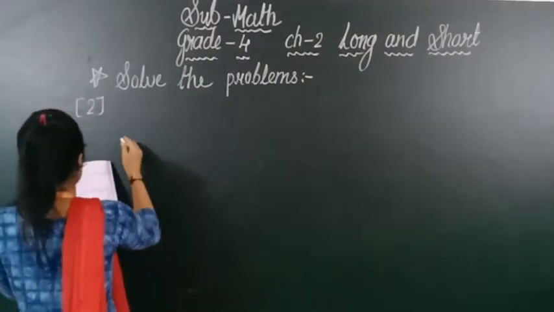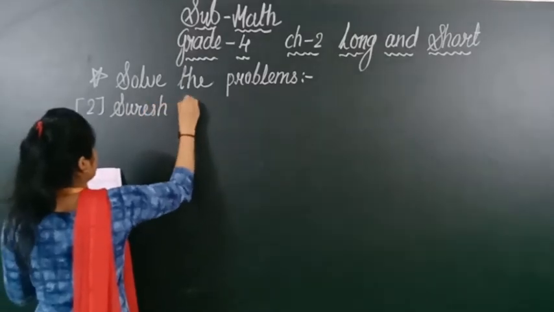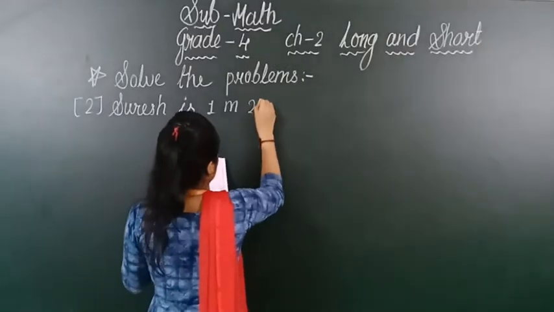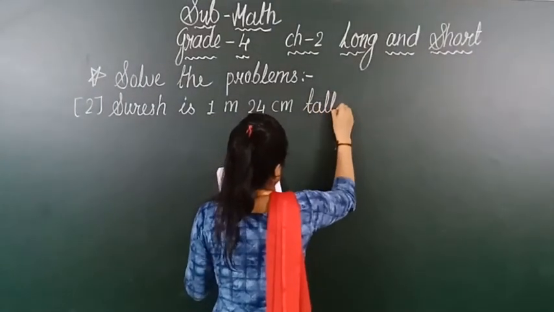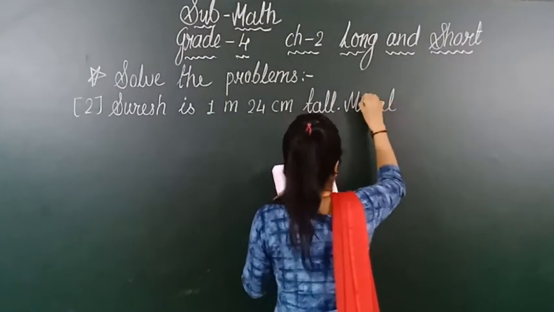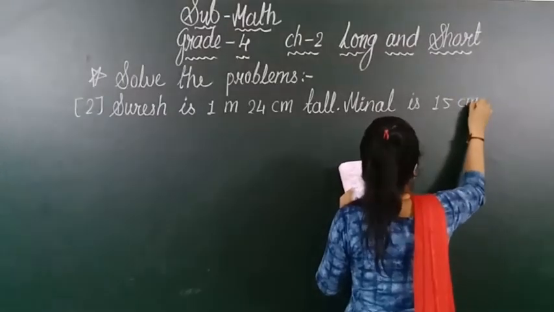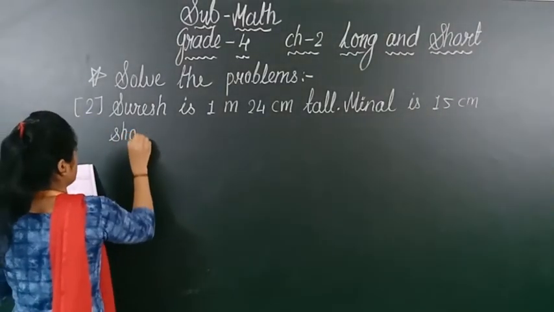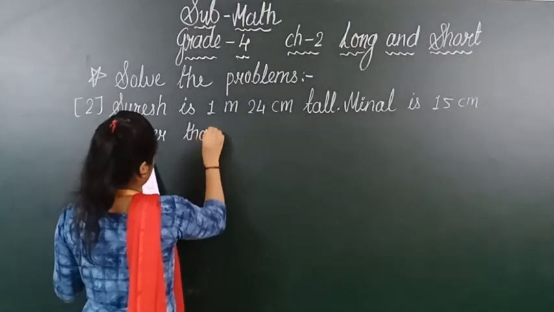Now next number is 2. And our question is Suresh is 1 meter and 24 centimeter tall. Meenal is 15 centimeter shorter than him.